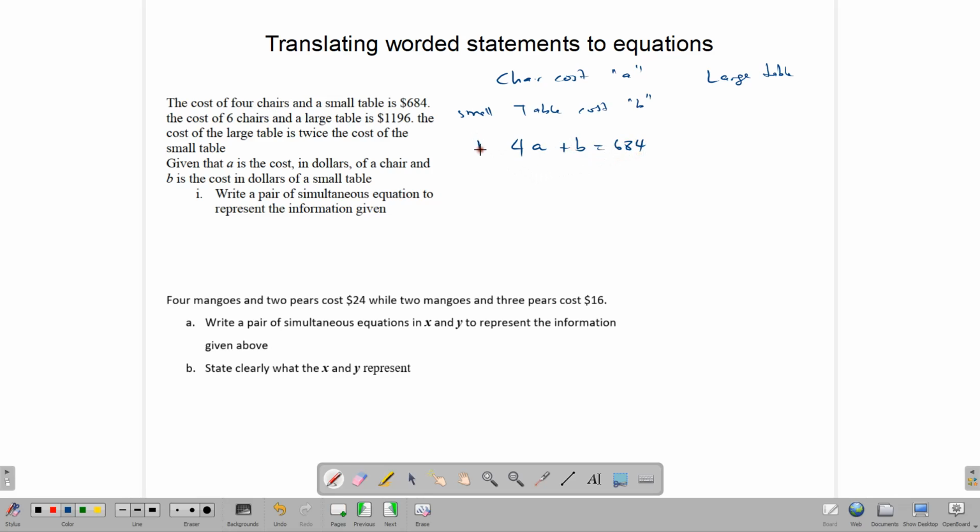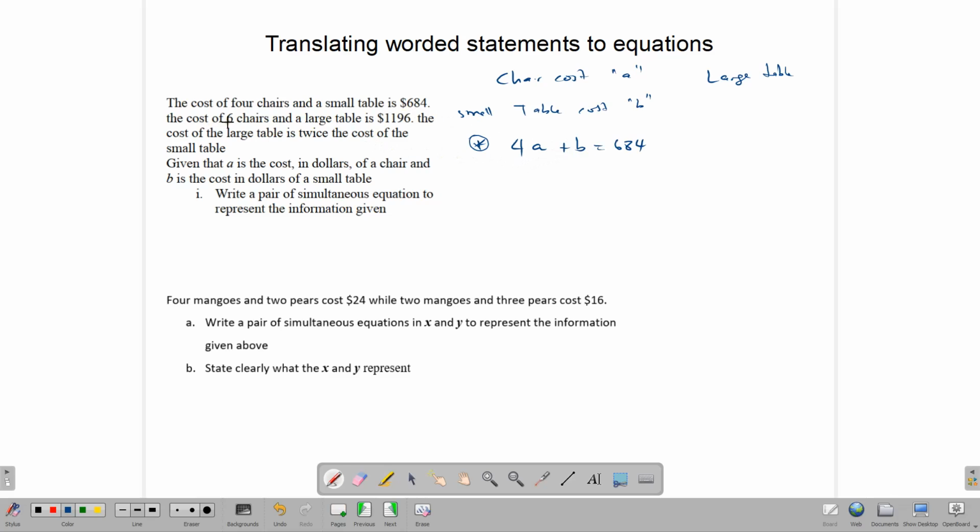And that is one thing that tells us that whenever you're doing a worded question, as we looked at some time ago with Polya, you have to make sure that you read the question over and over. Sometimes one simple misread will throw off the whole solution. So we have 4A plus B gives us 684.